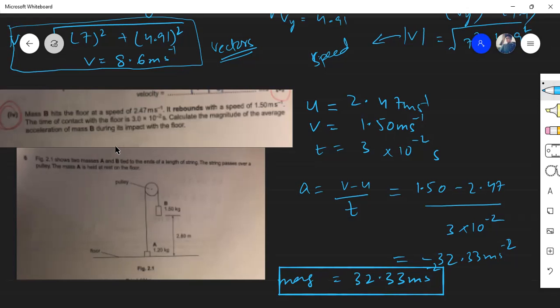The thing is that it changes direction, so one of them has to be negative. It was coming down at B. I'm so sorry I missed this part. When it touched the ground, the velocity was actually negative 2.47, and it went up by 1.5. So it has to be 1.5 minus negative 2.47, so the minus becomes plus. So the answer is 132.33. I made a mistake here.